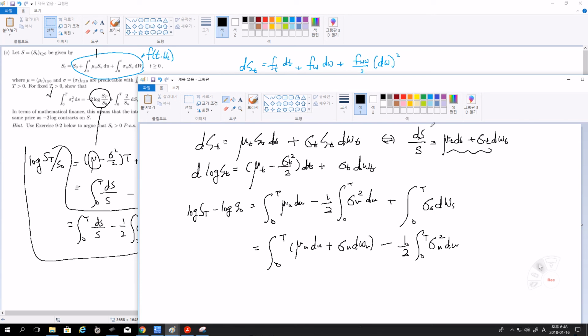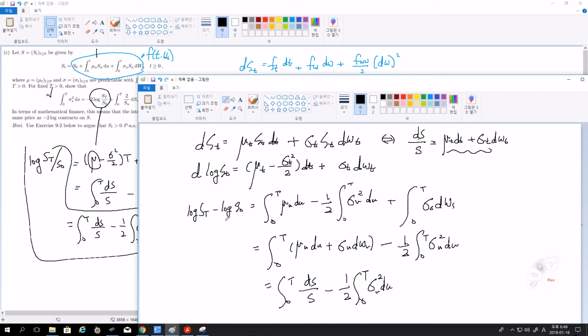So I am plugging this one over here. So this is the integral from 0 to T of dS_s, and then minus half of the integral from 0 to T of σ² du.